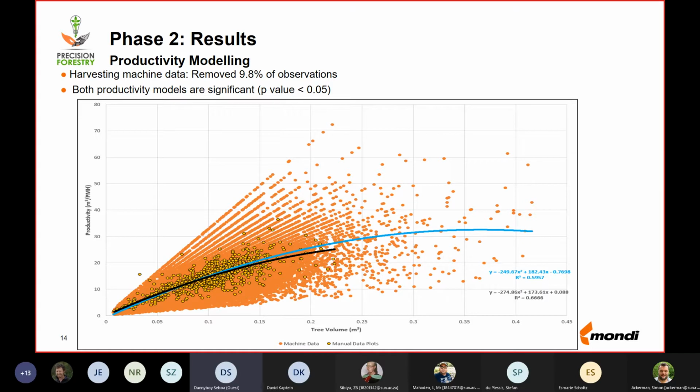And then as you move away from 0.15 to about 0.2 to about 0.25, you'll see there's a slight difference between the two curves. This was mainly because the manual data points are grouped around 0.1 to 0.15, while the machine data points range from 0.05 to about 0.25 to 0.3.